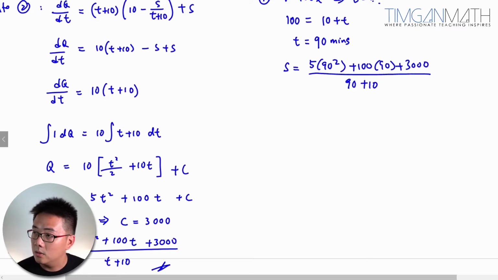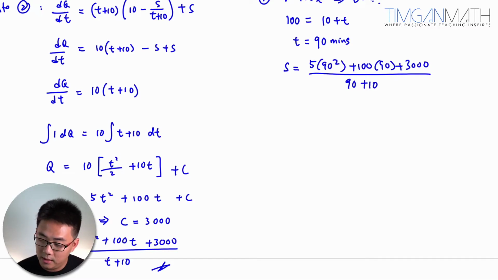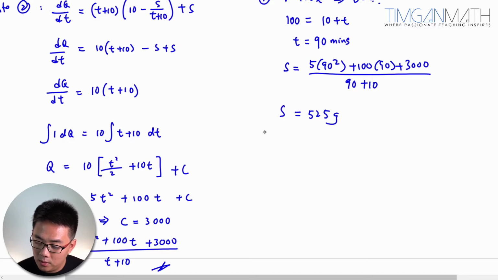Okay, so King calculator. What we get here is 525 grams. So hence the concentration of salt would just be 525 grams over 1000 liters.